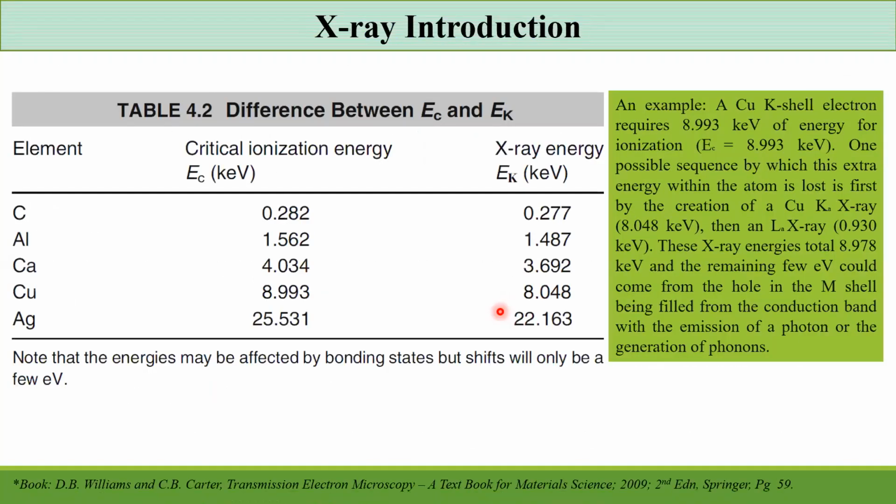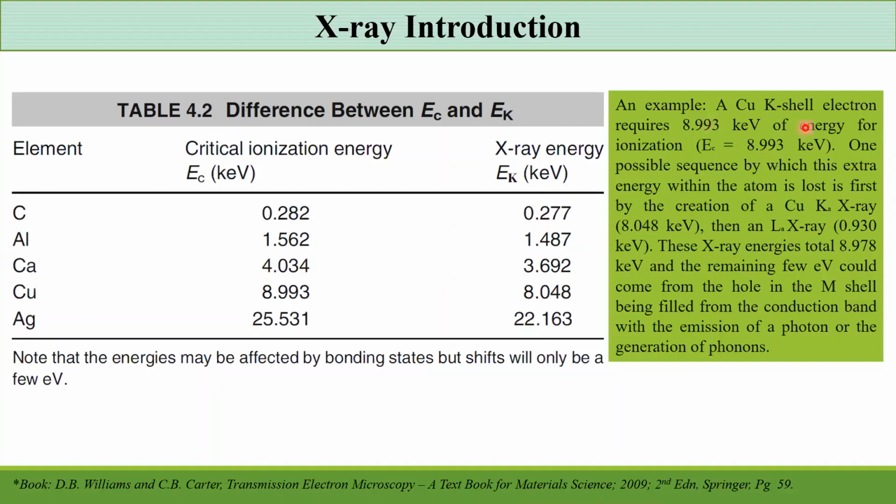In your bachelor's or basic chemistry study, you might have come across the ionization energy of a material. Ionization energy is the energy required to ionize that particular atom, and it varies from atom to atom. Now we need to know what X-ray energy is, and what the difference is.